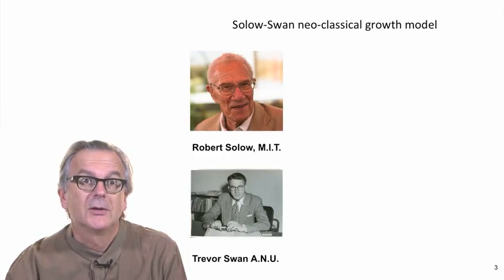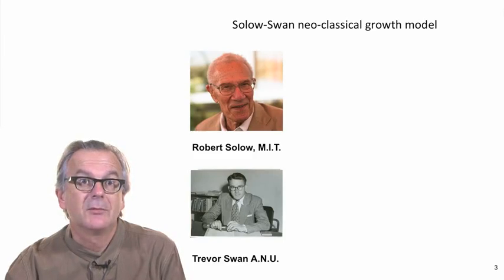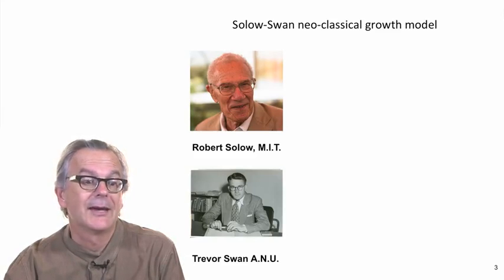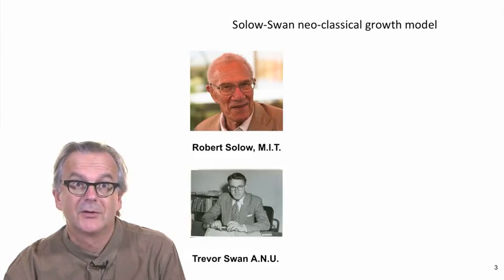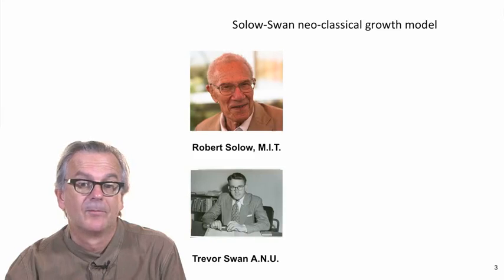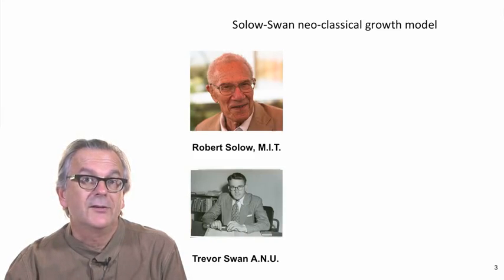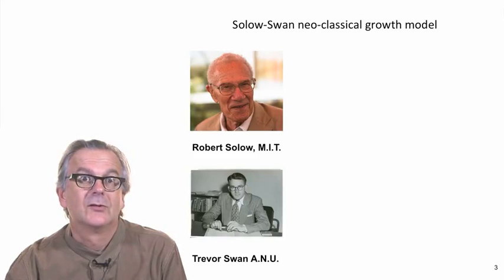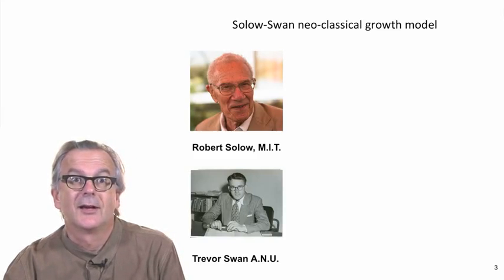Robert Solow, one of the most famous and eminent economists that there's ever been, associated with MIT, and an Australian economist, Trevor Swan, who was based at the Australian National University. It's interesting that in the development of this model, neither of these two scholars actually collaborated.